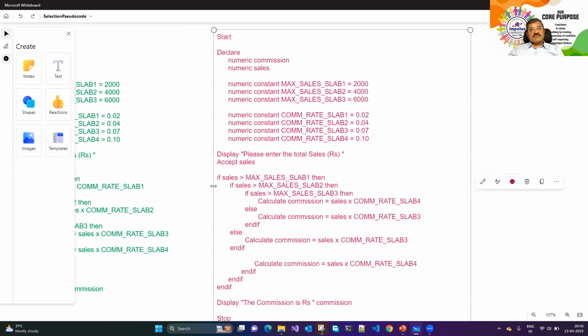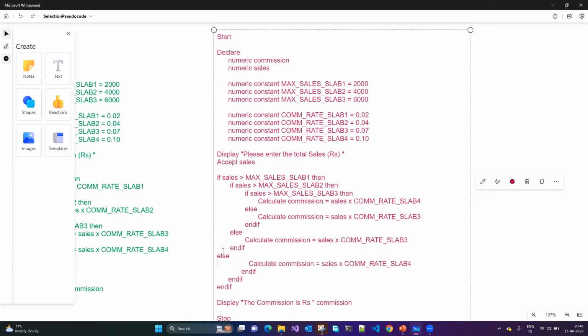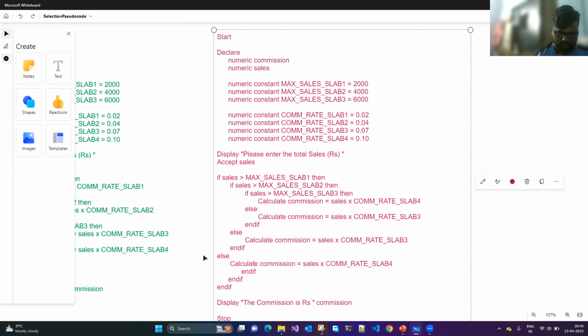This condition itself is false. Sales greater than 2,000, that itself is false. What does it indicate? Sales is not greater than 2,000. If that condition is false, what does it indicate? Sales is less than or equal to 2,000.